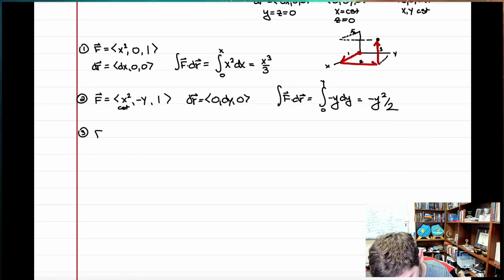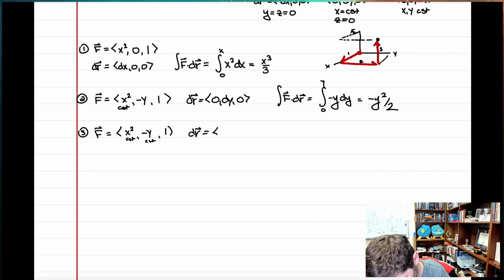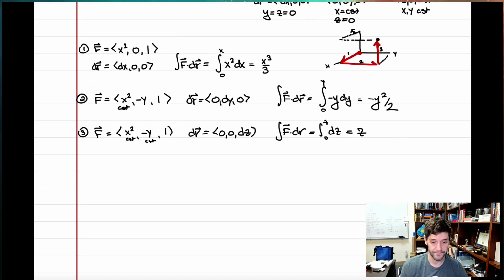Then the third integral, the force vector is x squared, which is a constant, negative y, which is a constant, comma 1. dr is 0, 0, dz. F dot dr ends up being from 0 to z of just dz. So it looks like the answer is just z at the end of the day.